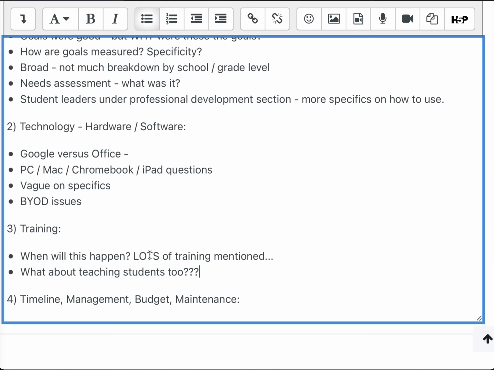The first impression looking through it is exactly that, oh yeah, they've got training all over the place. They're talking about bringing in specialists and setting aside this and that. But in terms of a practical calendar of when and how that will actually all happen, we can barely get our grades in at the end of a marking period, let alone set aside day after day to do technology training.